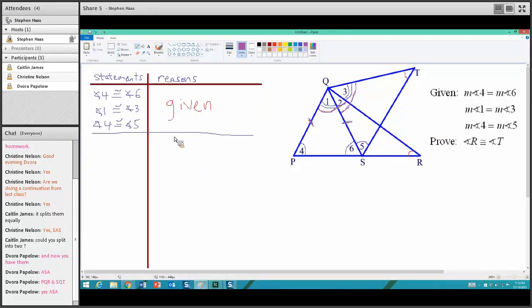Okay, so first thing we got was the purple angles. The purple angles were angle PQR is congruent to angle SQT because the addition rule being that, well, actually, I'm sorry, I really shouldn't say that.